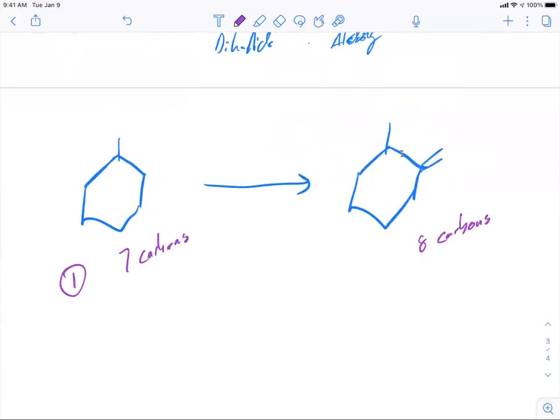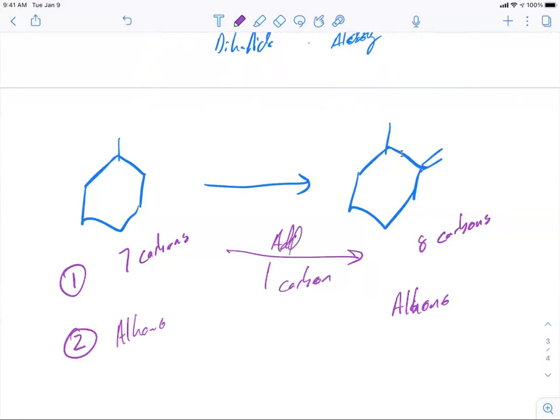If we look at 2, right, 2 under this case, we're looking at functional groups. We see that we go from an alkane to an alkene, right? So we know that we're adding 1 carbon, right? And we know that we're going to also end up with a functional group change.